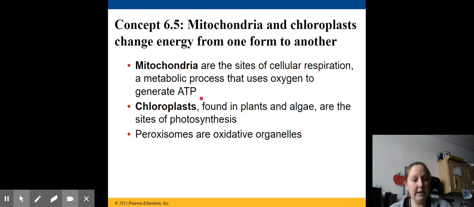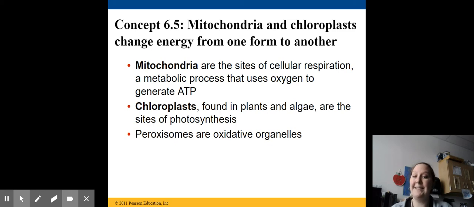The mitochondria, you guys may know, is the powerhouse of the cell. And although that is a really good nickname for it, it's not actually what the mitochondria does. The mitochondria is actually the site of cellular respiration, which is a metabolic process that uses oxygen to break down food into cellular energy, or ATP.